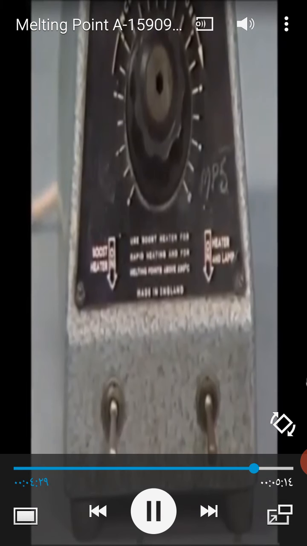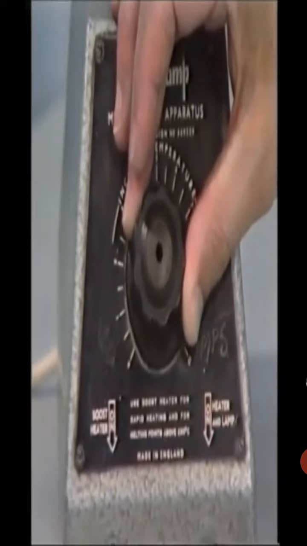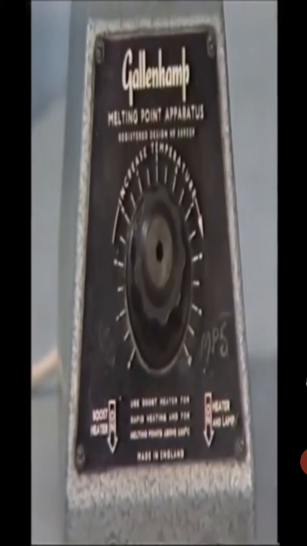When the temperature is roughly 15 centigrade degrees below the rough melting point, switch off the boost heater and adjust the rheostat so that the rate of rise of temperature is approximately 2 to 3 centigrade degrees per minute.